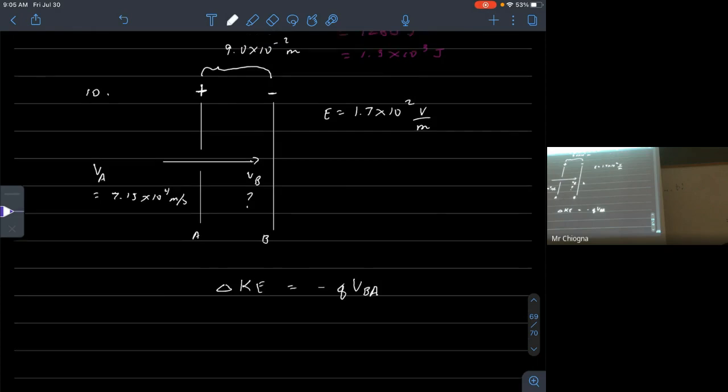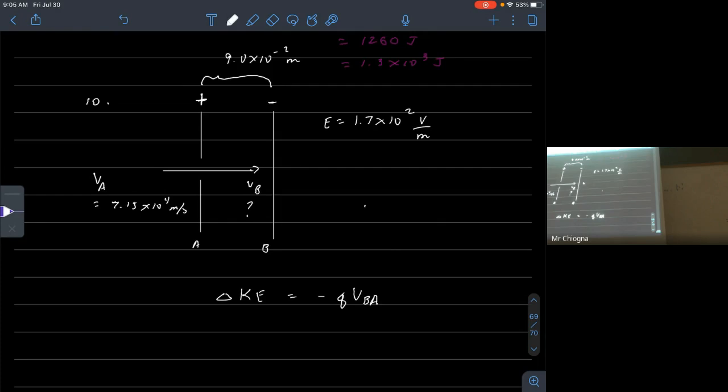Now we don't have VBA, but we can figure it out. E is equal to VBA, related directly to it, divided by D. So just multiply ED. So this becomes on the bottom, negative Q ED, both of which we have.